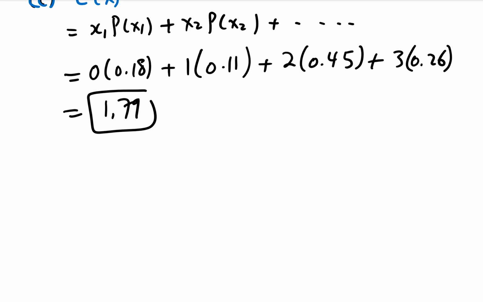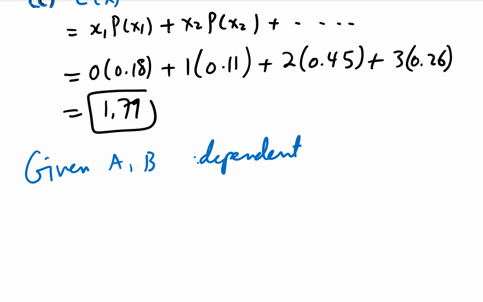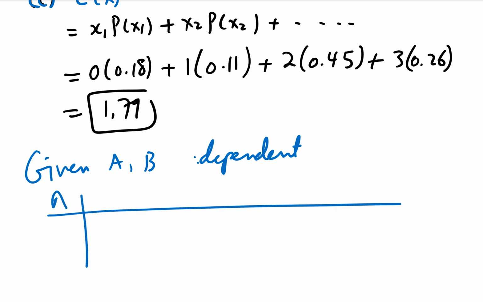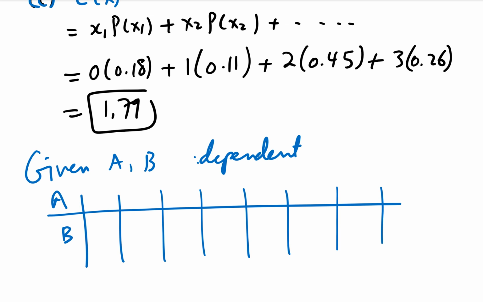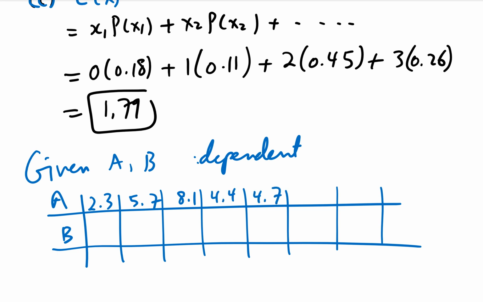Another thing to know, another example. We are given two dependent sets, A and B. Let's say the data in each set is 2.3, 5.7, 8.1, 4.4, 4.6 or 7 again, 8.8, 7.7, 3.2, 5.4, 3.8.